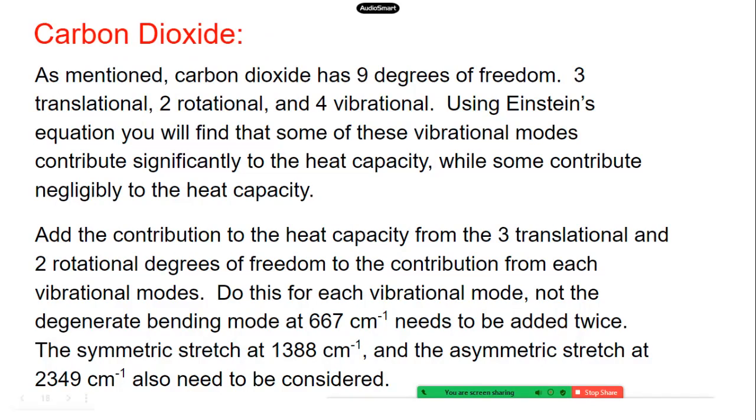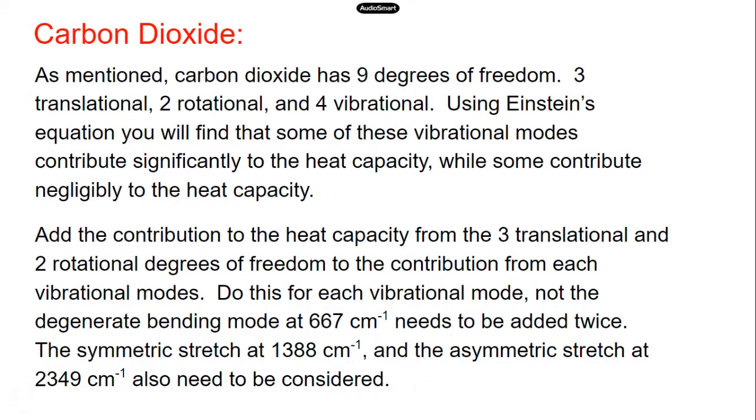You add both contributions for the degenerate bending modes. You will find that these have a finite contribution to the heat capacity. The symmetric stretch, about 1388 wave numbers, has a very small contribution, but it's not nothing. And the asymmetric stretch, you'll find it has no contribution, like 0.0000.